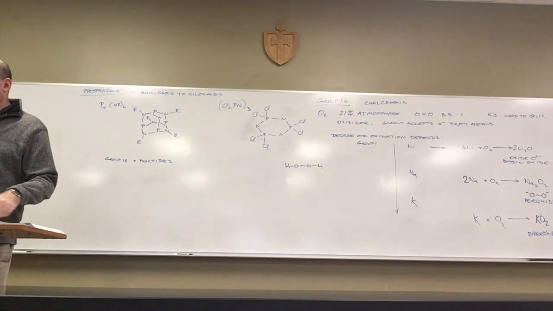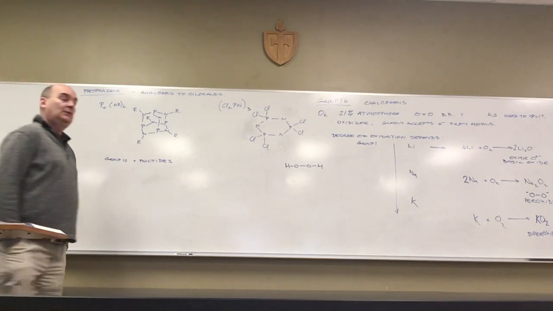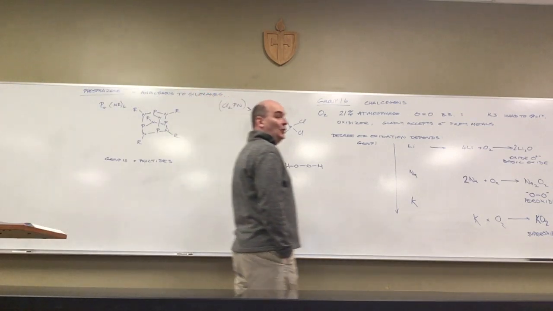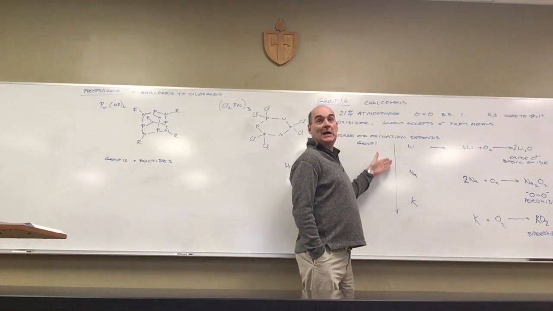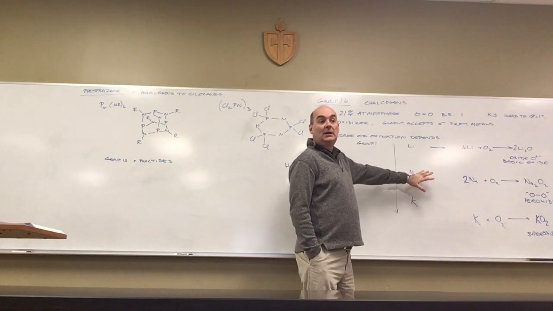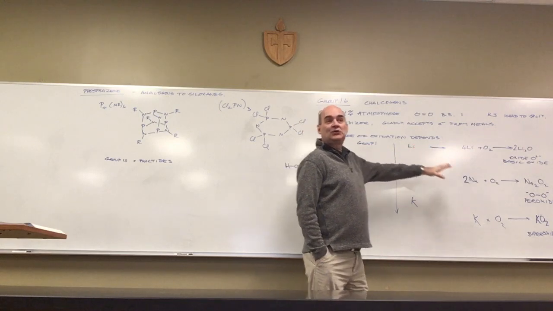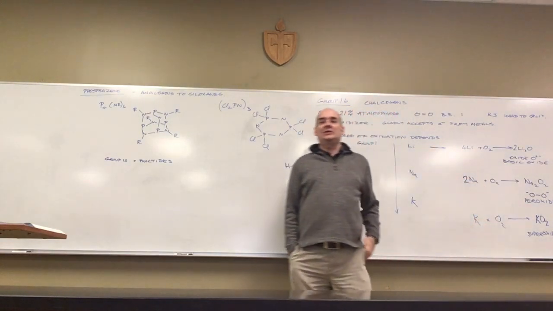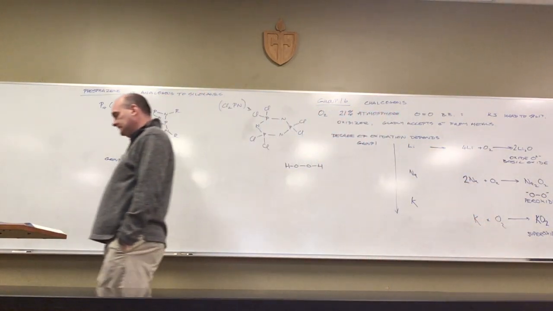This is absolutely true in group 1 and 2. As you move down the group, the tendency to make the peroxide, and then for it to be superseded by the superoxide, increases.